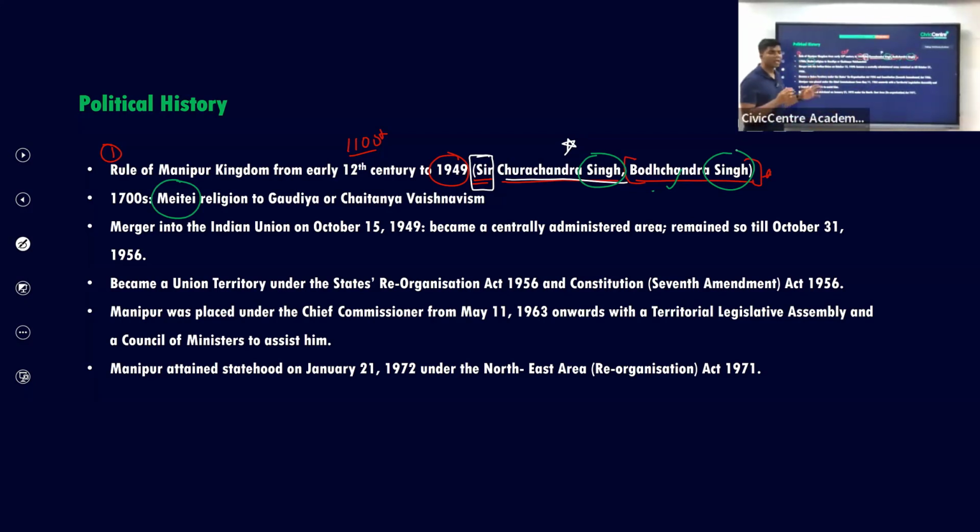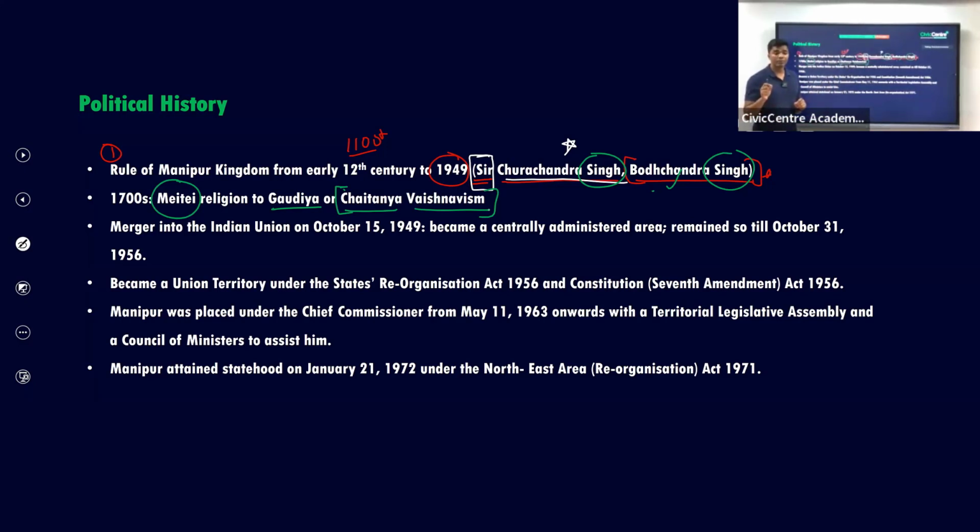Next, they had the Meitei religion. They follow more of an animistic religion, loving the nature, more into nature. Then they converted into Gaudiya or Chaitanya Vaishnavism. That is Hinduism. Chaitanya Vaishnavism, do you recollect?